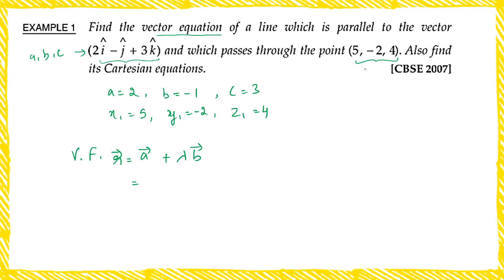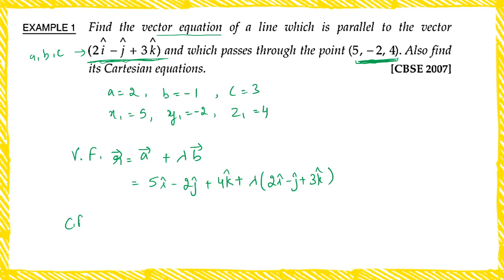This line is passing through this point, so it means 5i minus 2j plus 4k plus lambda times b. B vector basically gives us direction which is parallel to the given line. So find the vector equation of a line which is parallel to this. So this is vector b, so it means 2i minus j plus 3k.